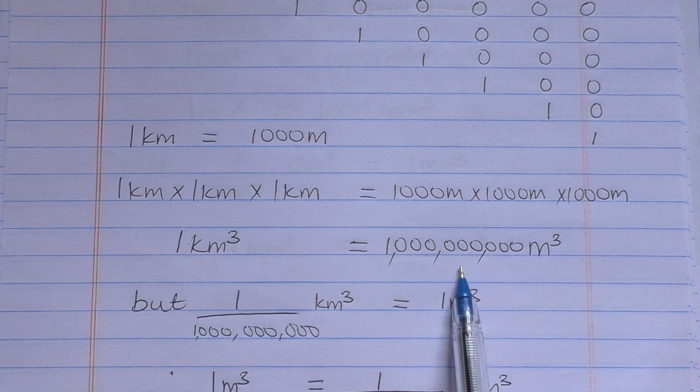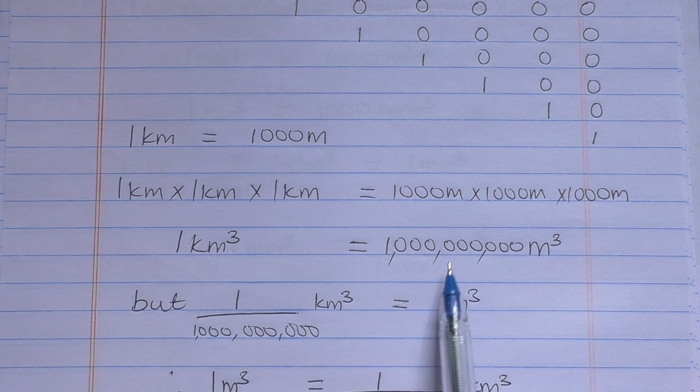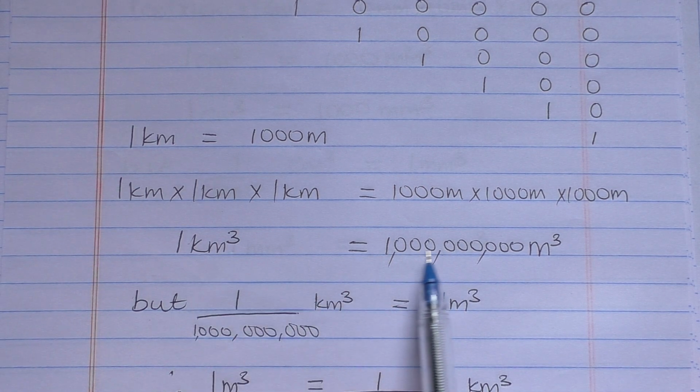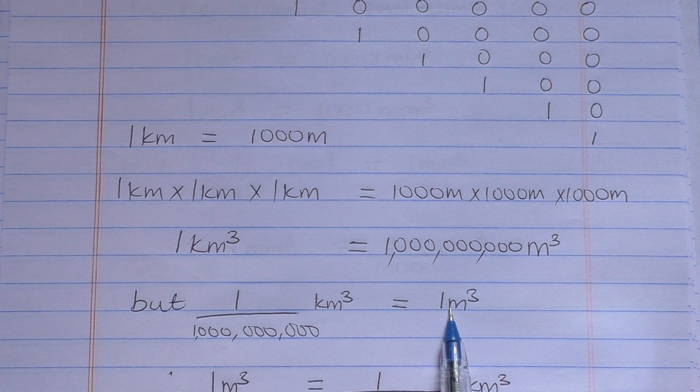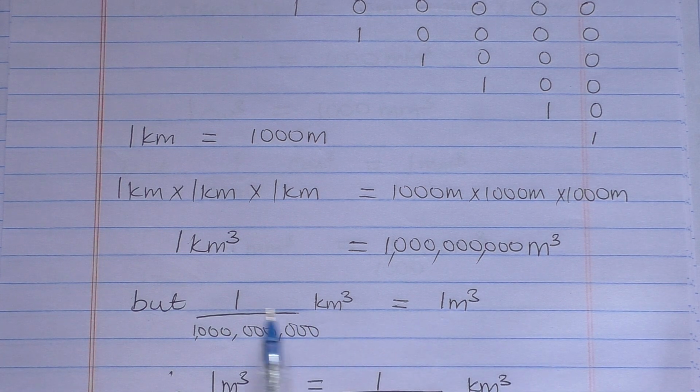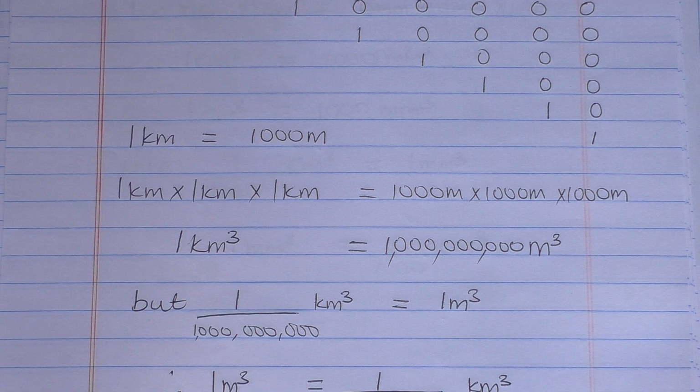But what if we want to convert from meters cubed to kilometers cubed? We shall divide both sides by 1 billion, and we shall end up with 1 meter cubed being equivalent to 1 over 1 billion cubic kilometers.